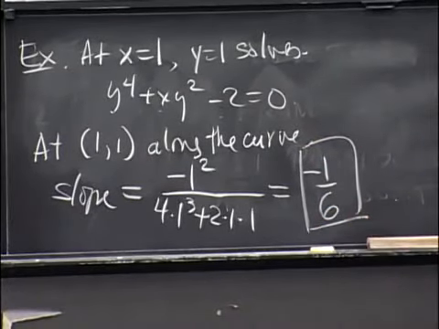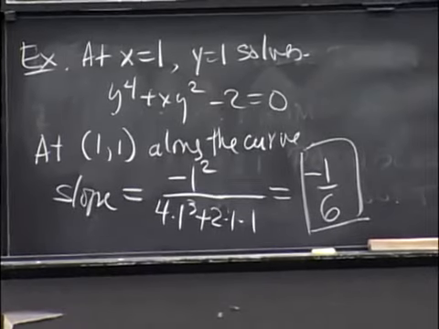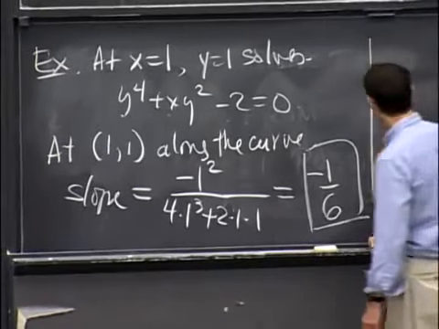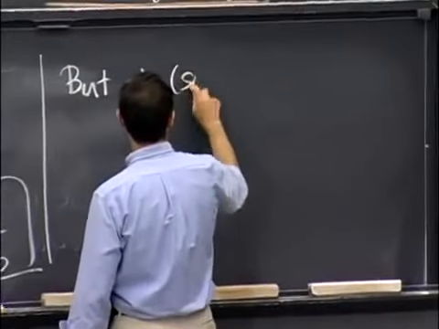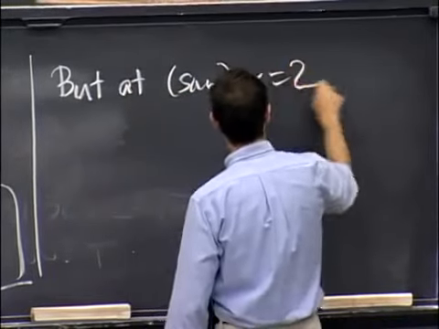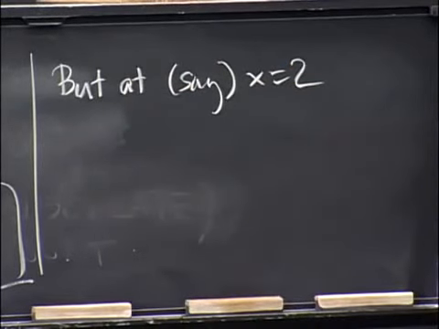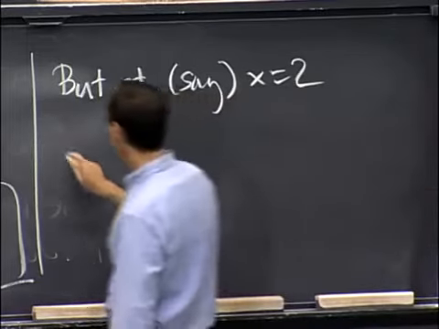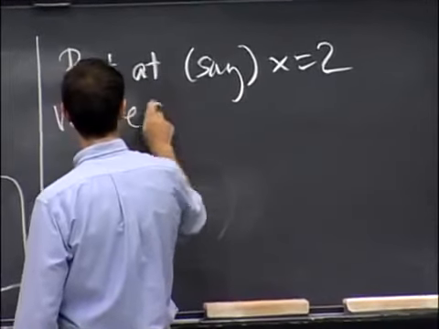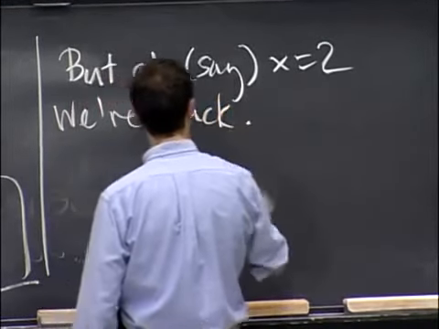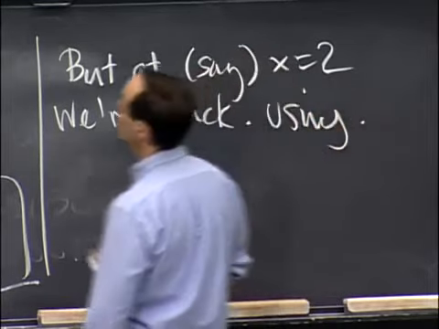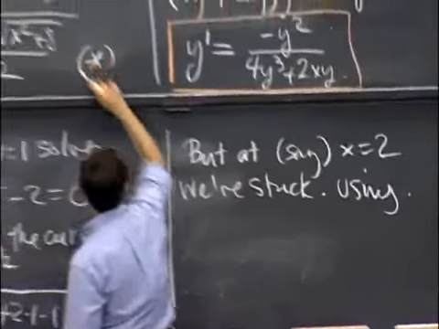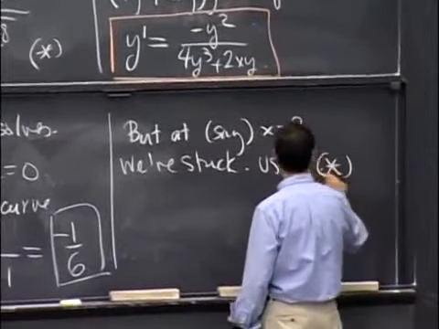All right, so I can get it. On the other hand, but at, say, x equals 2, we're stuck using this formula star here to find y.